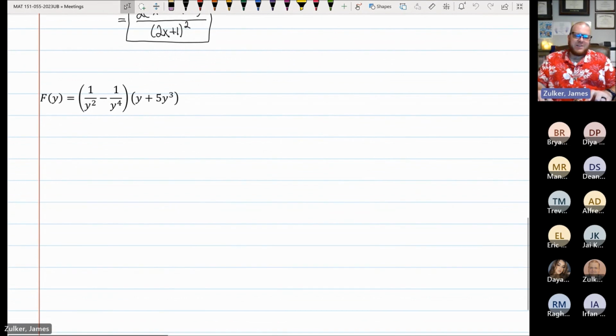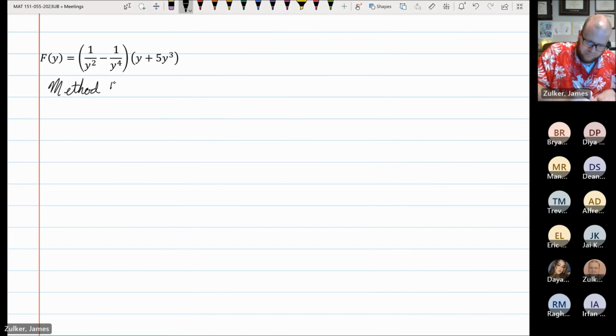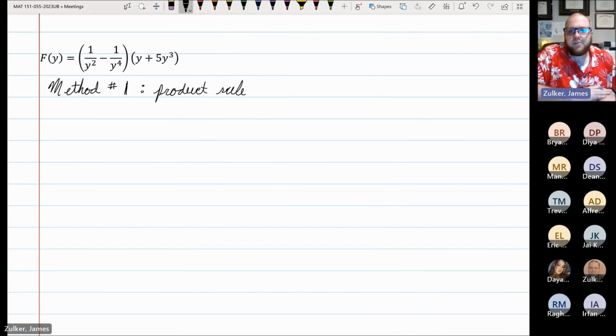Now for this next one, there's actually two methods. First way to do it is to use product rule, right?